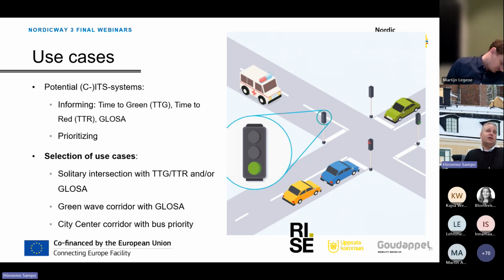studied. In the solitary intersection, time to green and time to red and GLOSA has been studied, and at the corridor of the green wave, GLOSA has been studied.